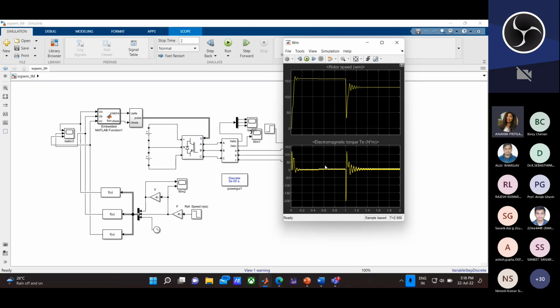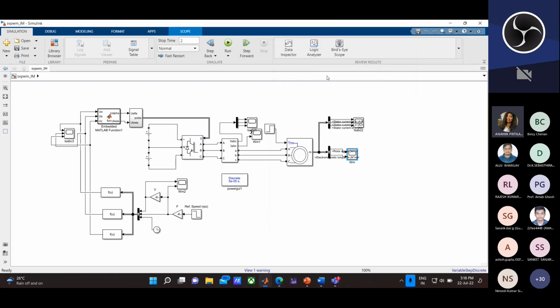Now the rotor speed and electromagnetic torque characteristics are also observed.